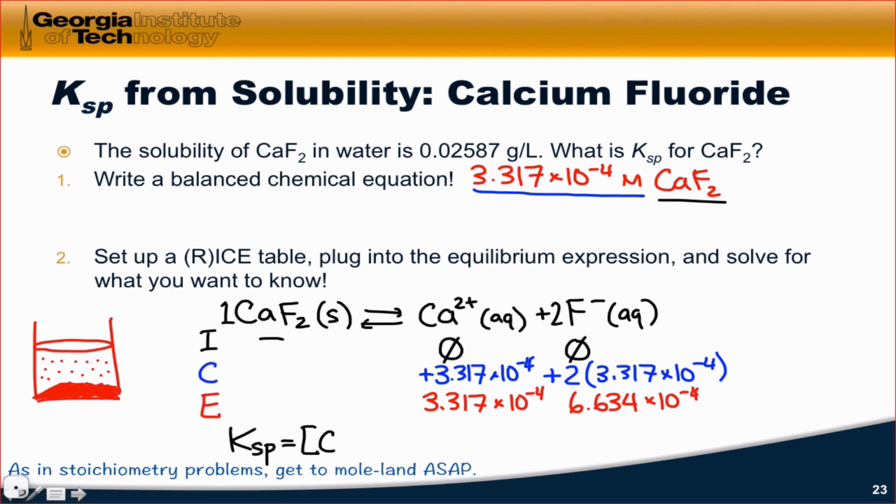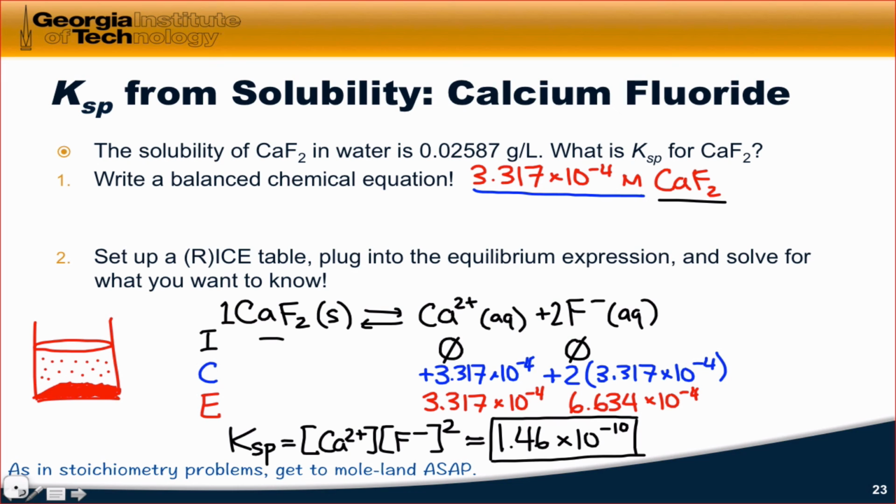The form of the equilibrium expression includes the products, the concentration of aqueous Ca2 plus, times the concentration of F minus squared, since the stoichiometric coefficient on fluoride is 2 in the balanced chemical equation. And if you plug in 3.317 times 10 to the negative 4 for the calcium 2 plus concentration, and 6.634 times 10 to the negative 4 for the fluoride concentration, you arrive at a final KSP value of 1.46 times 10 to the negative 10.